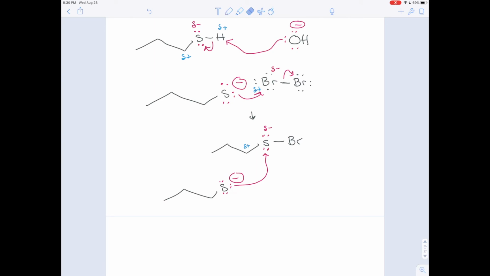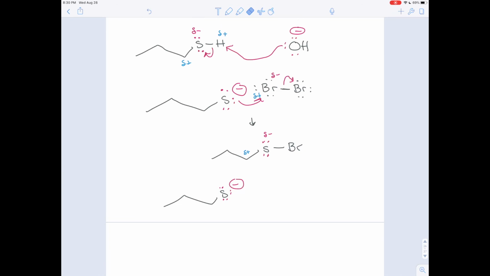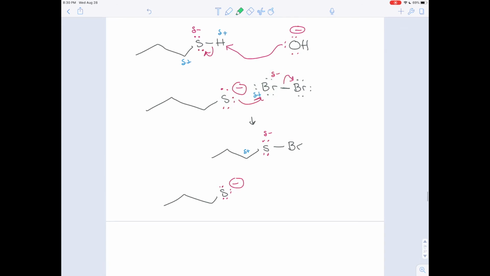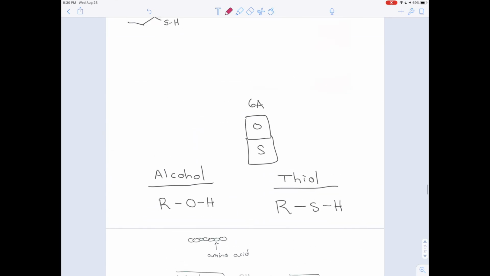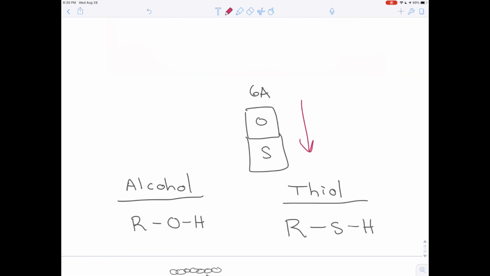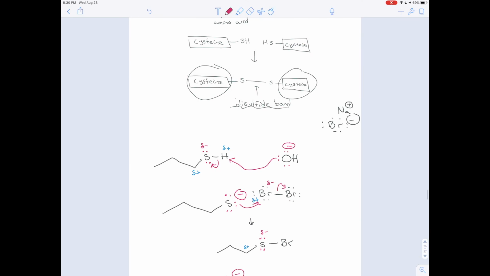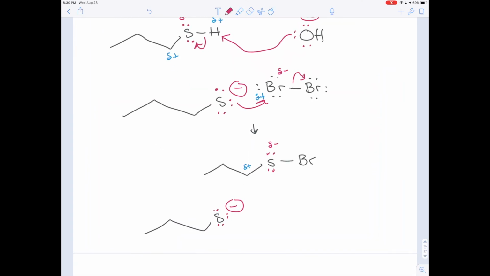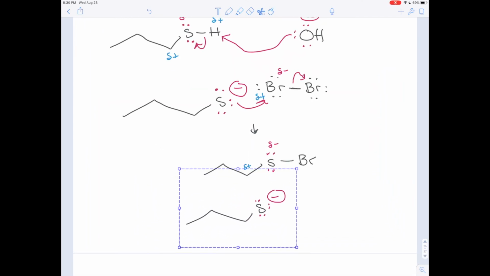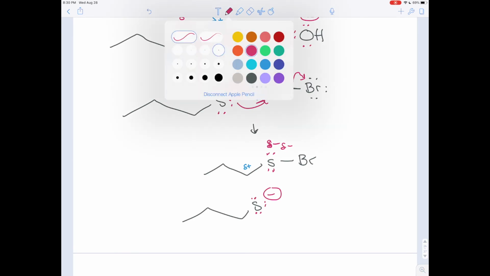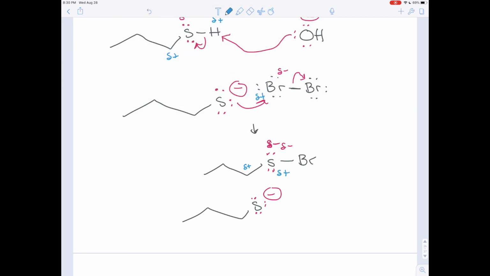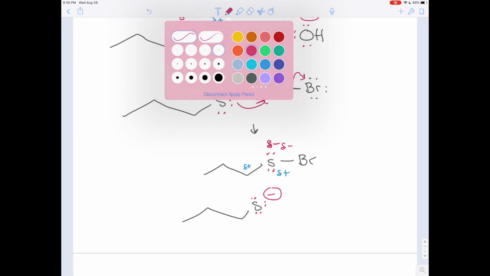And it can attack that sulfur for the same reason that the sulfur above was able to attack the bromine. Because sulfur is pretty big. Sulfur is underneath oxygen on the periodic table, and as you go down, atoms get bigger. So sulfur is pretty big, and so kind of like bromine, as this full charge gets close to the sulfur, the electrons in the sulfur flee to the opposite side, and the side close to the negative charge is left with a slight positive charge, and that is the opening.